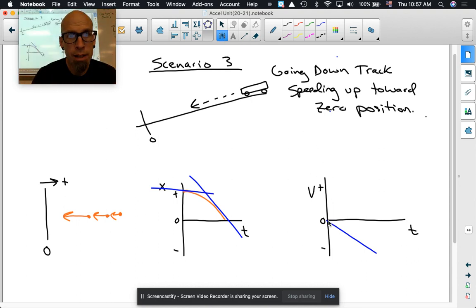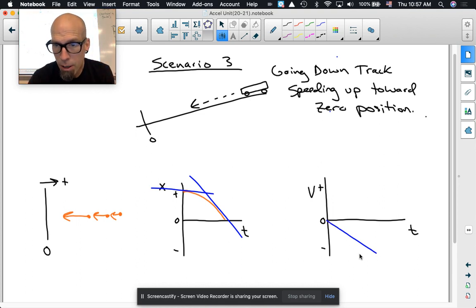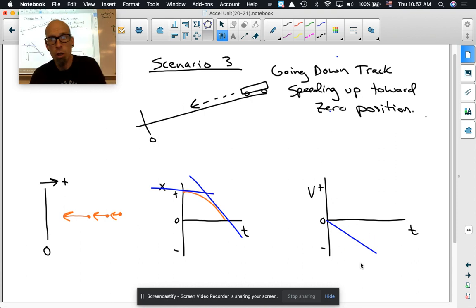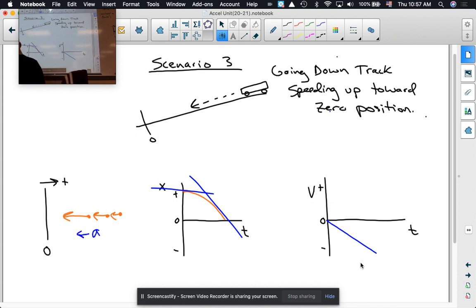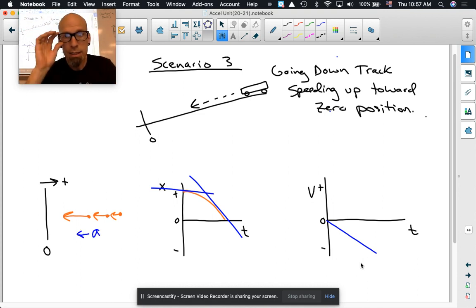It starts with none and it gets faster negatively, which means down here, by the time it gets here, that's pretty fast, but it's fast in the negative direction, okay? So that is what the detector showed us when we saw this scenario. Now, what kind of slope is this? That's again a negative slope, which means my acceleration here is a negative acceleration, just like we saw a second ago. So that was the last scenario we did.